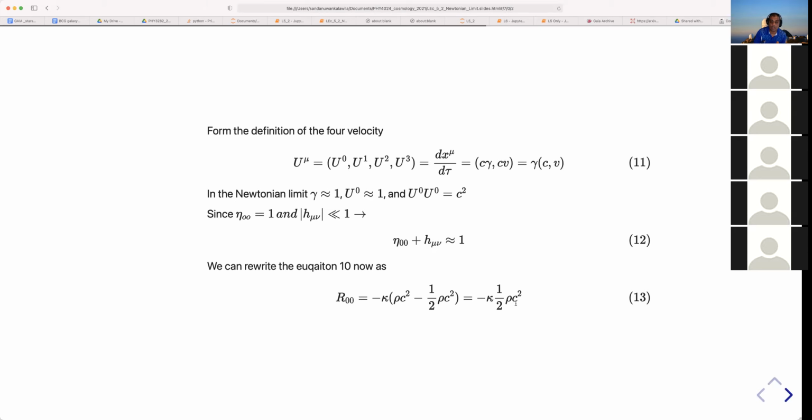Now this is what you get for Einstein's field equations under these reduced conditions, where you have a static weak gravitational field and speeds pretty much lower compared to the speed of light. So that is the idea.